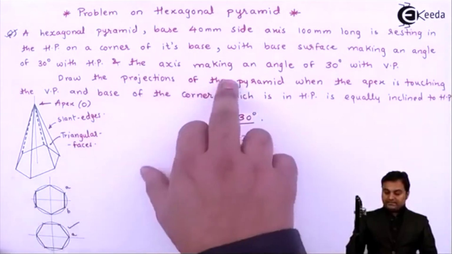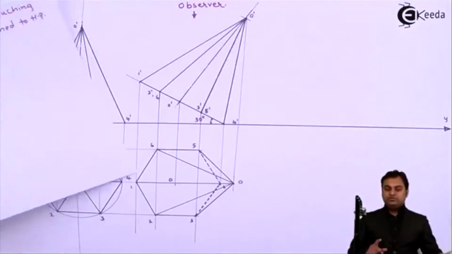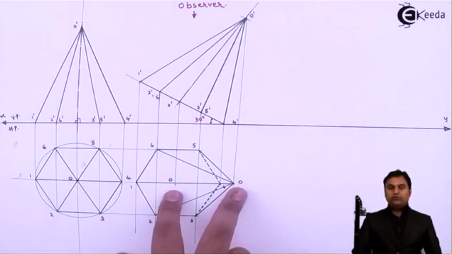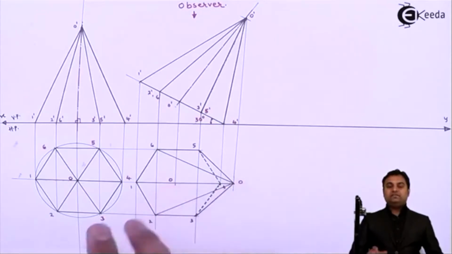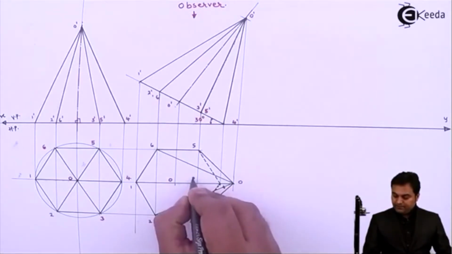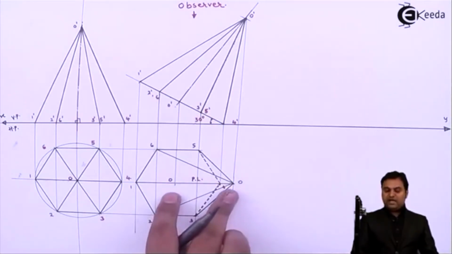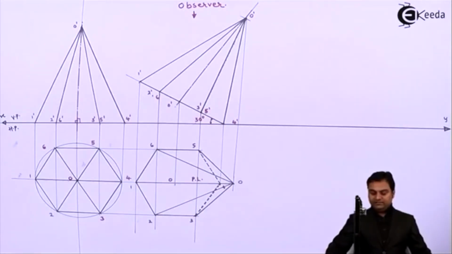But if I look at this top view, here the axis length is not 100 mm. This is called the apparent length, and since it is the top view, it is denoted as PL, plan length. So this plan length we have to make inclined, and for that there is a procedure.